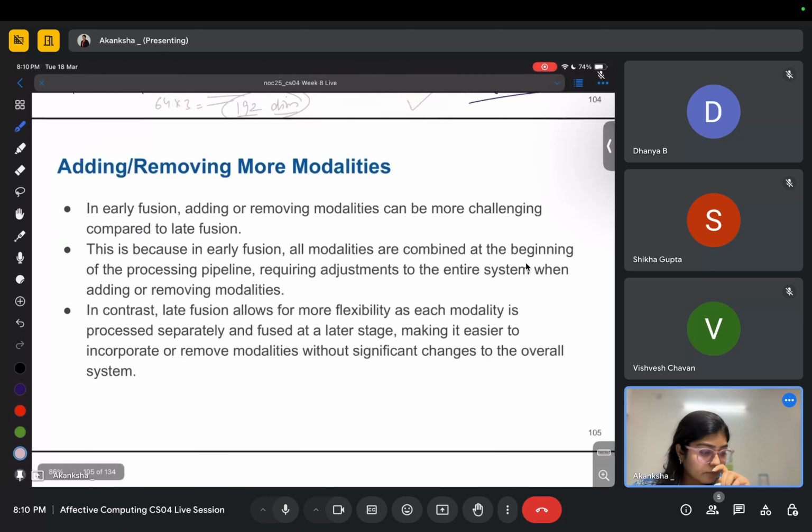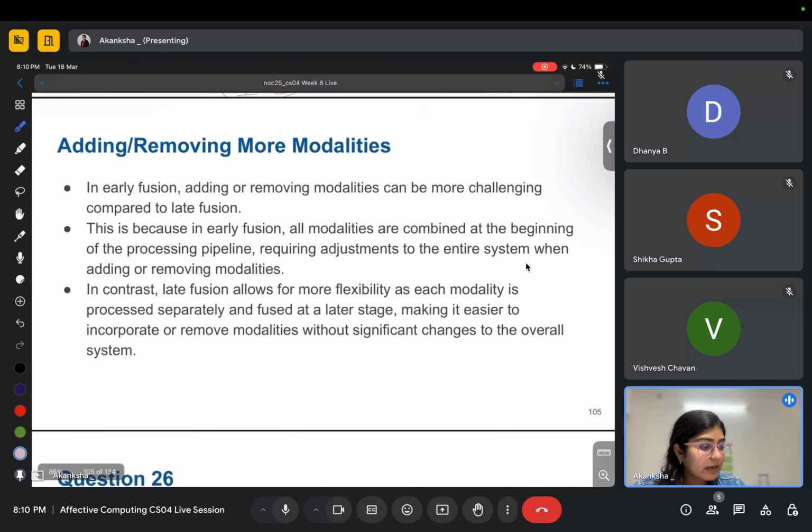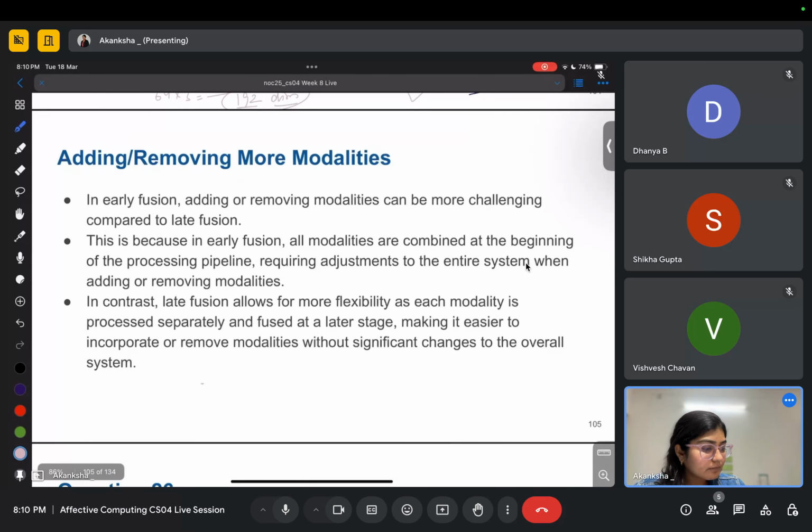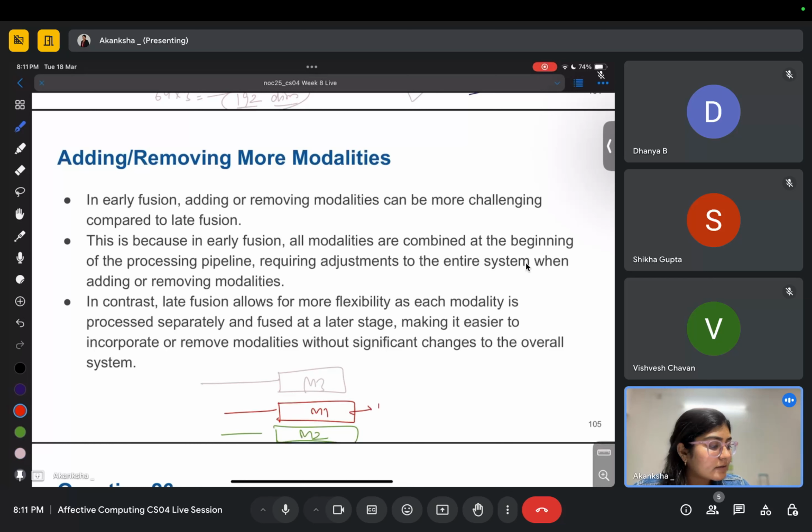In early fusion, that is the case. In late fusion, what will happen? This is one modality, the M1 original, this is M2, and this becomes M3, the new one. So initially also they had their own models. This one has its own model which is independent from the others.